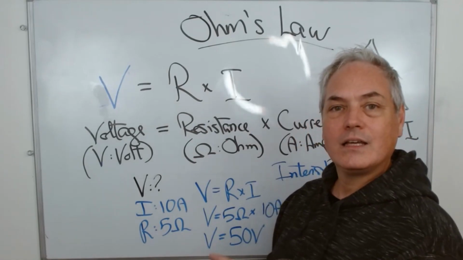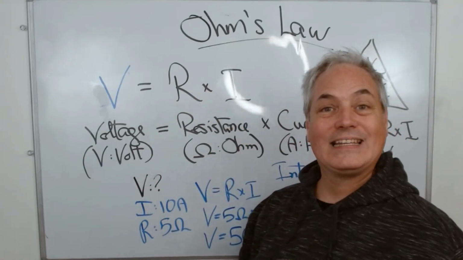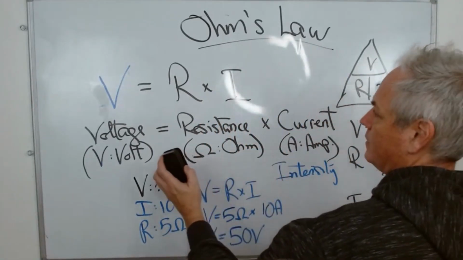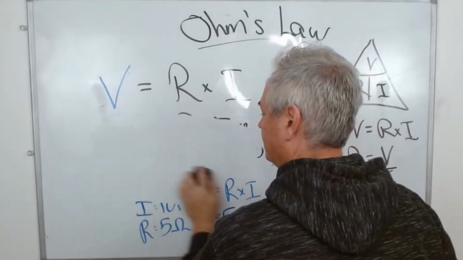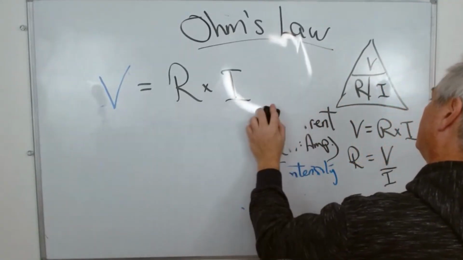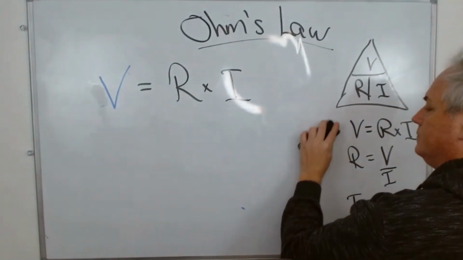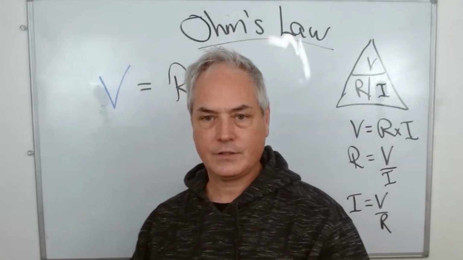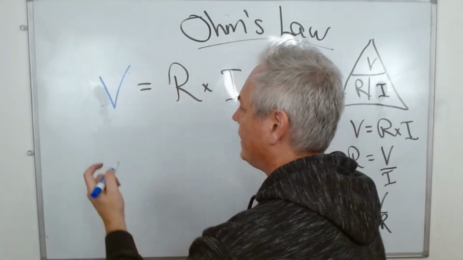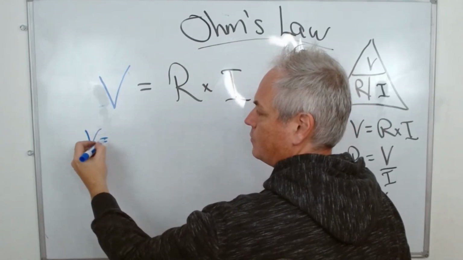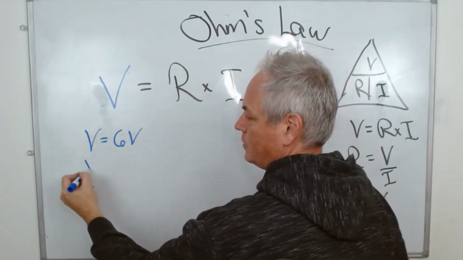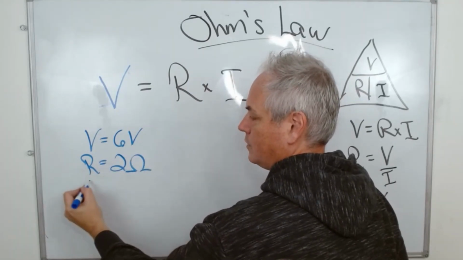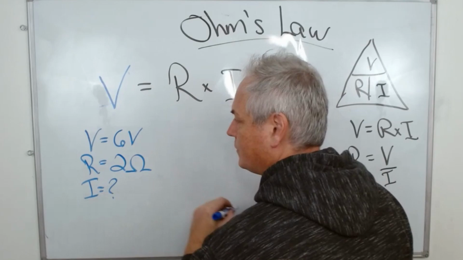Let's erase this, and let's see if I can have 2 more examples for you. So we have V equals 6 volts, resistance equals 2 ohms, current equals, we don't know.